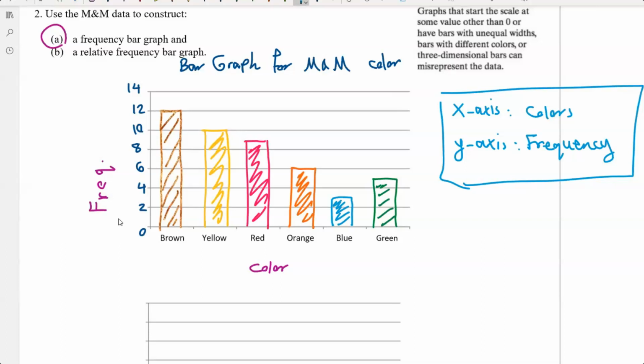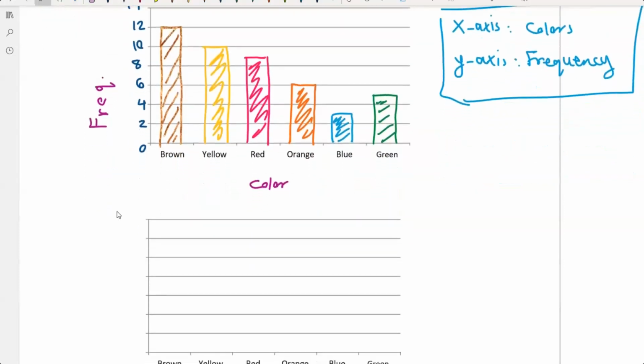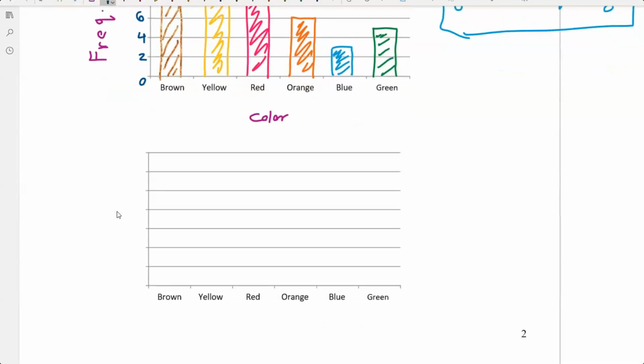Okay, so this one was for part A, the frequency bar graph. Now we're gonna do the same thing to find the relative frequency bar graph. Okay, same thing. Now here we have color.